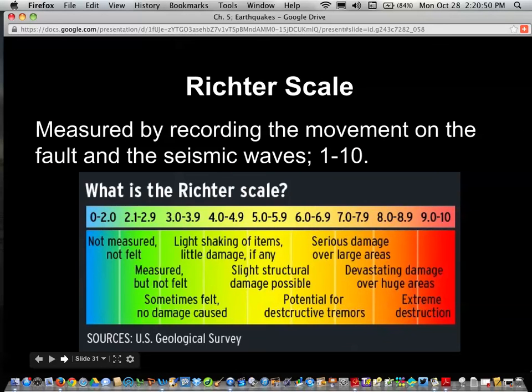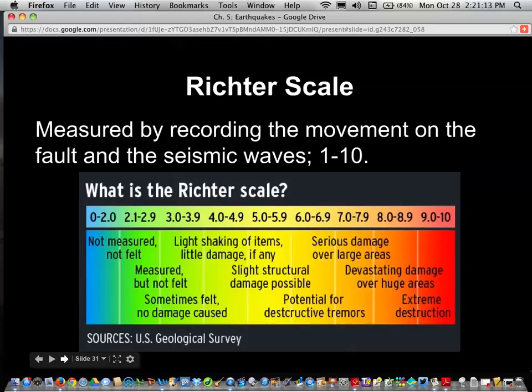Well, pretty soon people realized that that was only one way to measure it and less accurate. So the Richter scale was invented, and it's measured by recording the movement on the fault and the seismic waves. And it's on a scale of 1 to 10, not 1 to 12. And this is the scale from the U.S. Geological Survey.